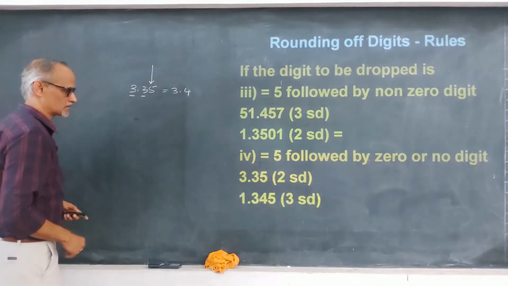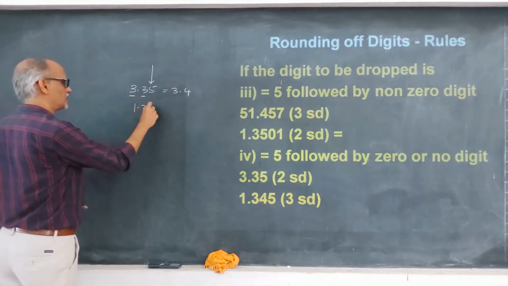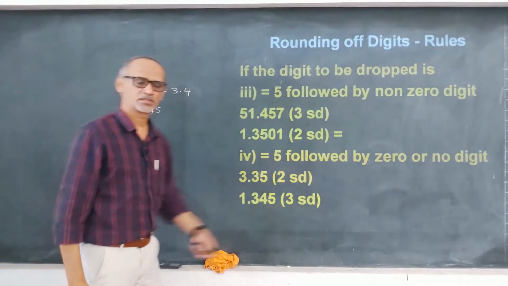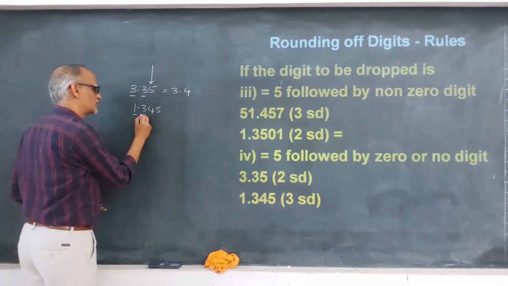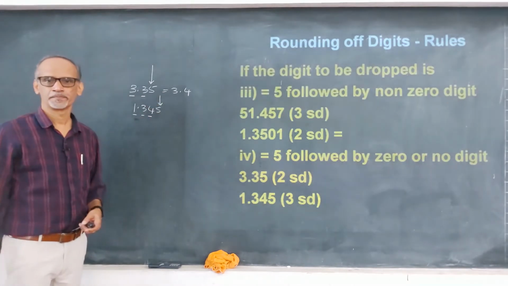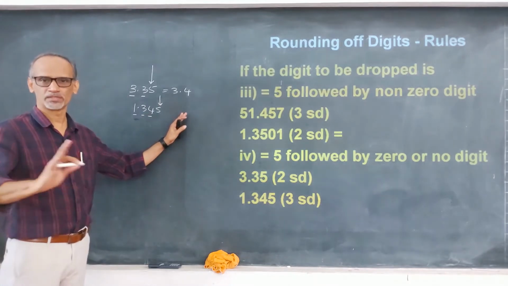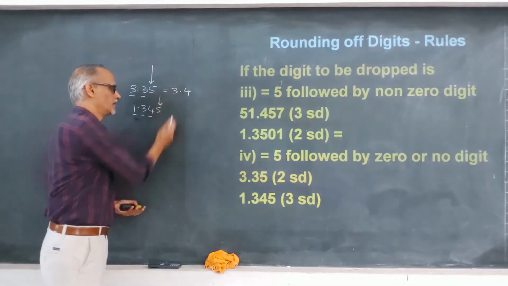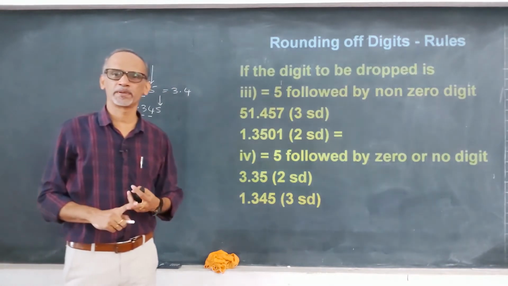Okay. All right. So here is another example: 1.345 is the number. 3 significant digits are to be maintained. 1, 2, 3. So the digit to be dropped is a 5, followed by no digit, or even if it is 0, the rule is the same. Then we need to check the previous digit.